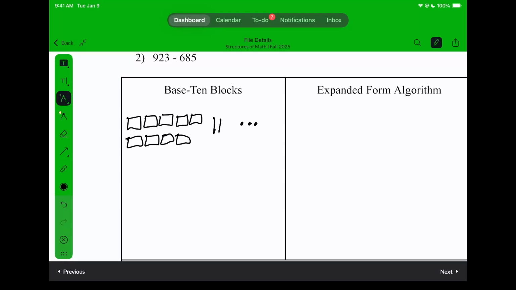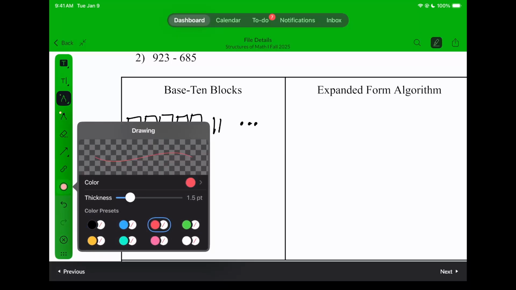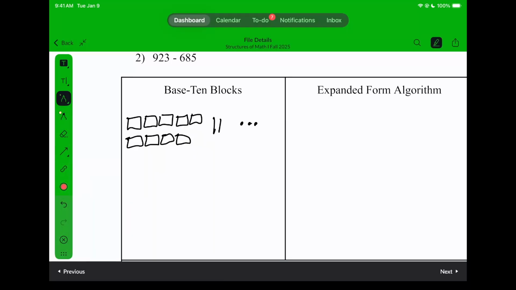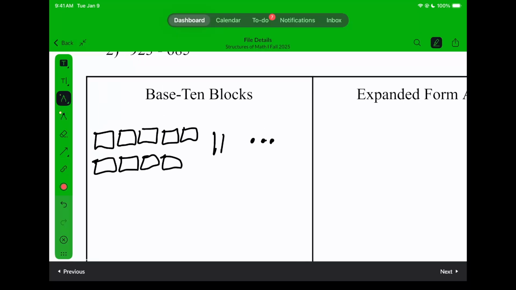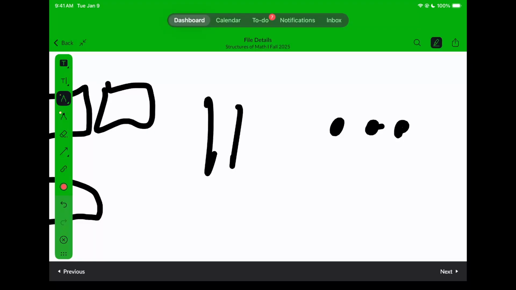So again, different colors. We're going to start with the ones place. We have 3. We need to take away 5. We cannot take 5 away from 3. So what do we do? See this long here? That's the key.